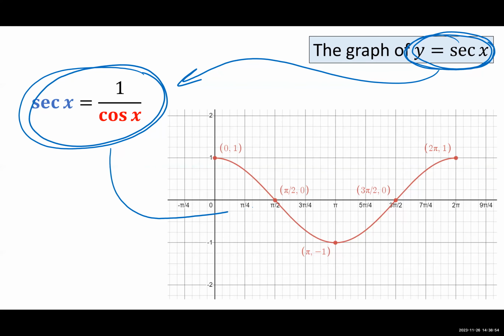So we start with the graph of the cosine function. 0 to 2 pi, cosine starts at 1, goes to 0, down to -1, up to 0, and then up to +1. Right, so to graph a cosecant function, we use the sine function. To graph the secant function, we use the cosine function.